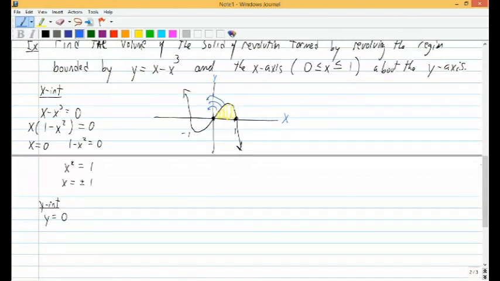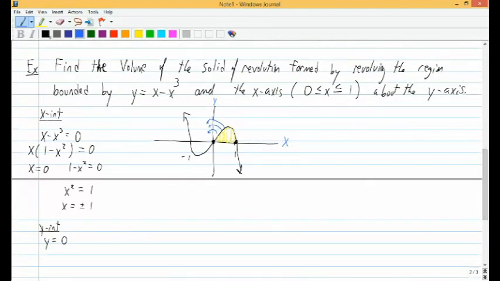Alright, so we now need to figure out the formula for the volume. Since we have a vertical axis of revolution, we want all of our functions to be y equals x. I'm going to write down the general formula that we use. It's 2 pi times the integral from c to d of the average radius times the height dx.